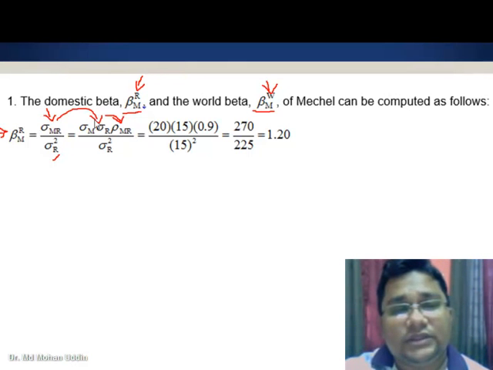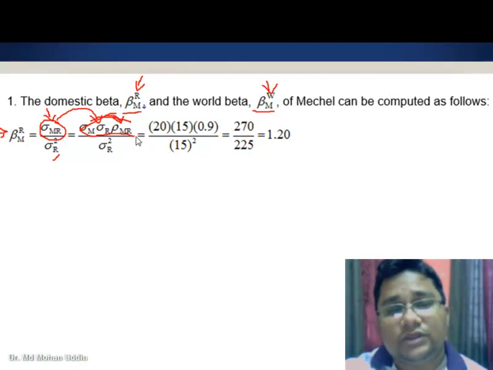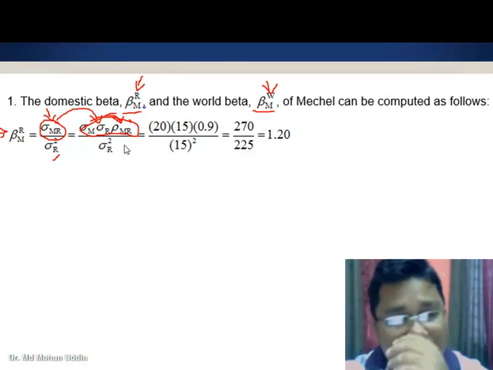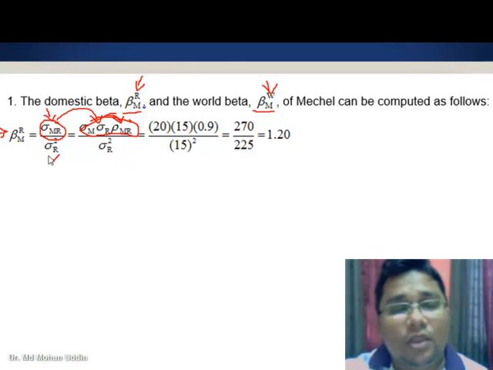This is the relationship among the correlation coefficient, the standard deviation, and the covariance. So we can replace the covariance with this part. Sometimes if the covariance is already given, we do not need the correlation coefficient, but in this case we do. And the variance of the market return of Russia is not given, but the standard deviation is, so very simple, square the standard deviation.